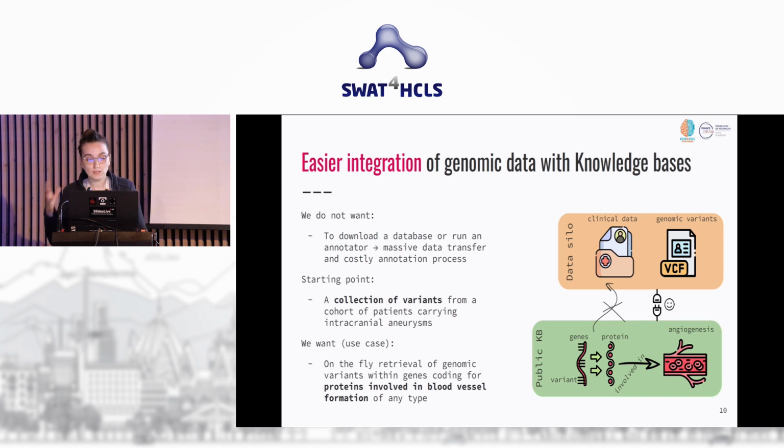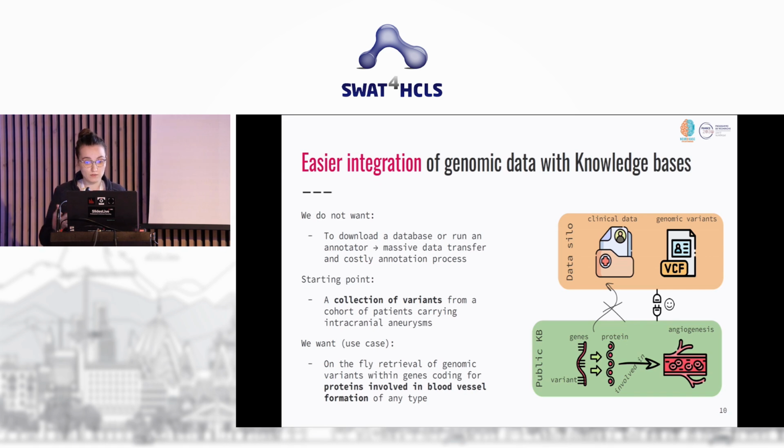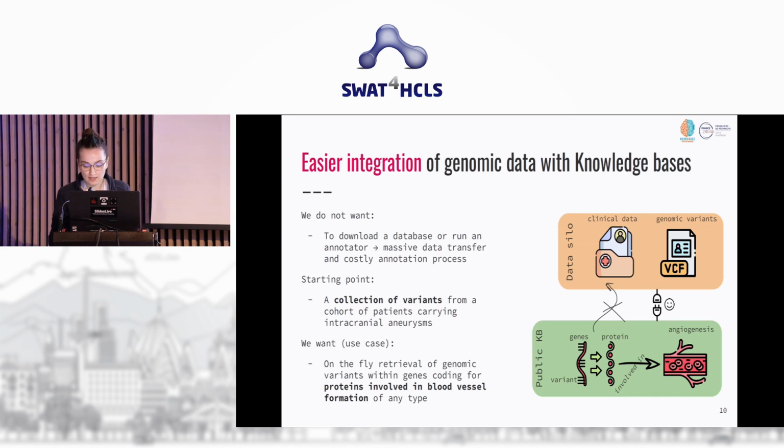We thought about a use case, a simple question that would motivate our technical solution: to retrieve the variants found inside of our data silos that were annotated as found within genes coding for proteins involved in blood vessel formation, which was a function very relevant for people with brain artery deformities. Another word for blood vessel formation is angiogenesis, and I'm going to be using angiogenesis from now on.